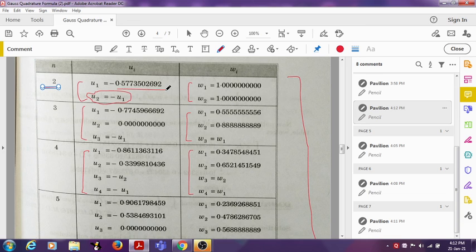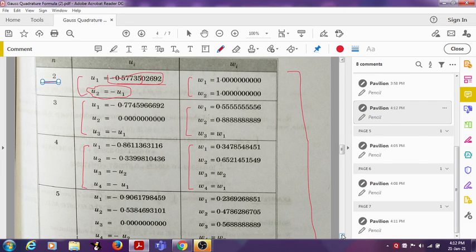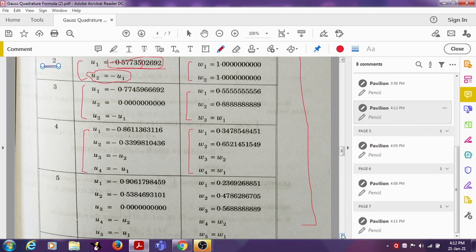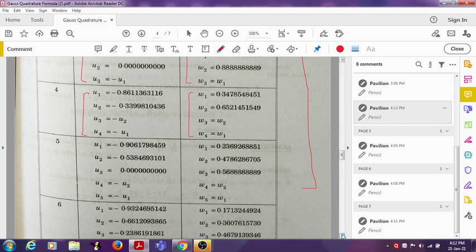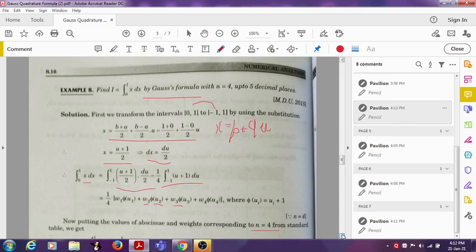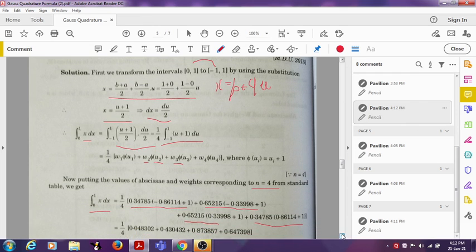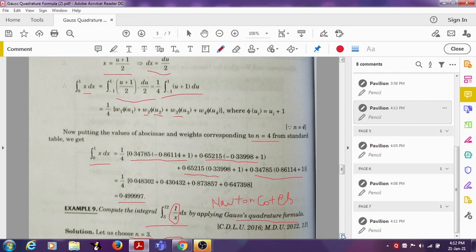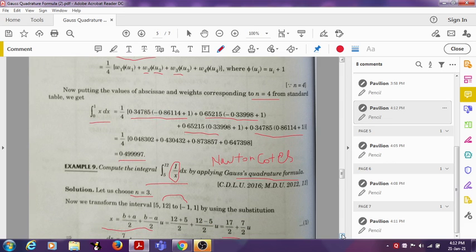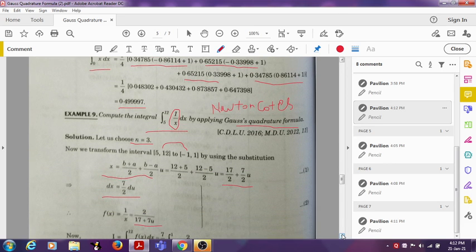You are not to remember all these digits, simply use 4 to 5 places of value. It is sufficient for us. So if we are not given any value to use in our question, then it depends on us that we can take any value of n, and n equal to 2 will be the simplest one.